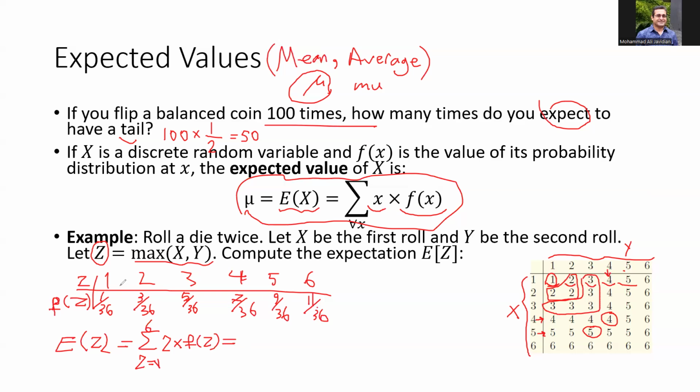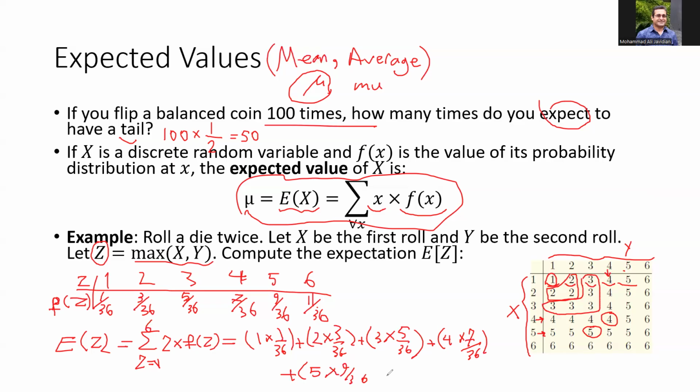So that means 1 times 1 over 36 plus 2 times 3 over 36 plus 3 times 5 over 36 plus 4 times 7 over 36 plus 5 times 9 over 36 plus 6 times 11 over 36.